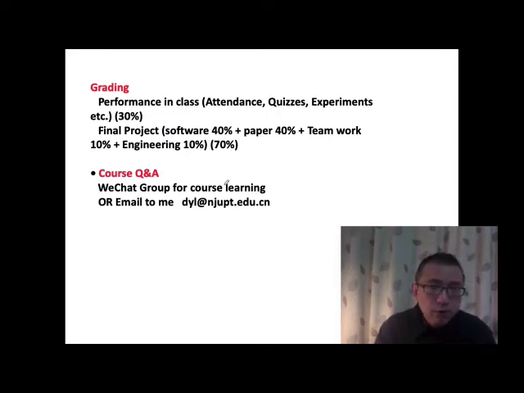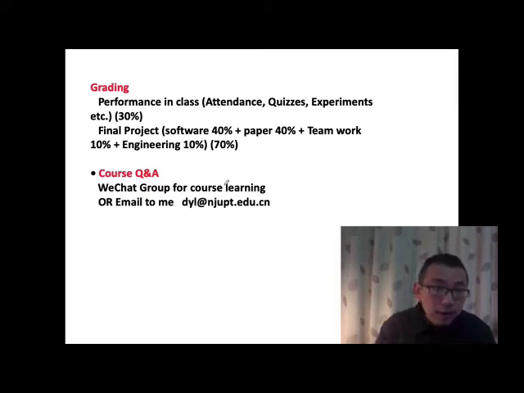For this final project, I give the subjects and names of the projects, and you select one from these projects and make it as a team. You will build your own team to work on it. Finally, when you finish the project, you have a software and write a paperwork for it.